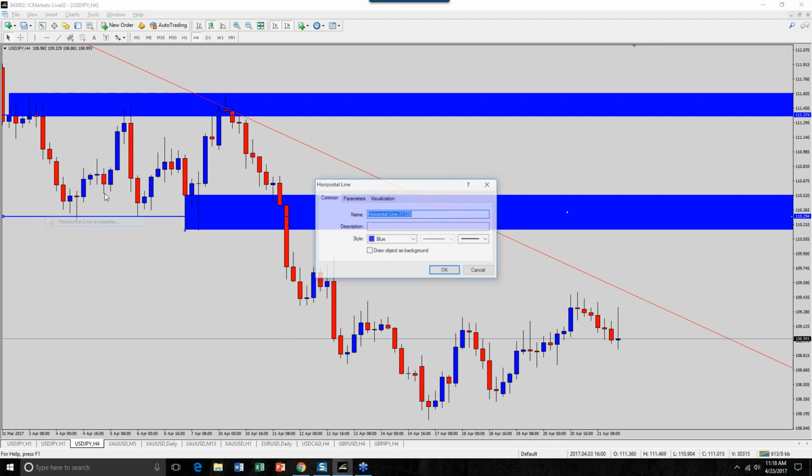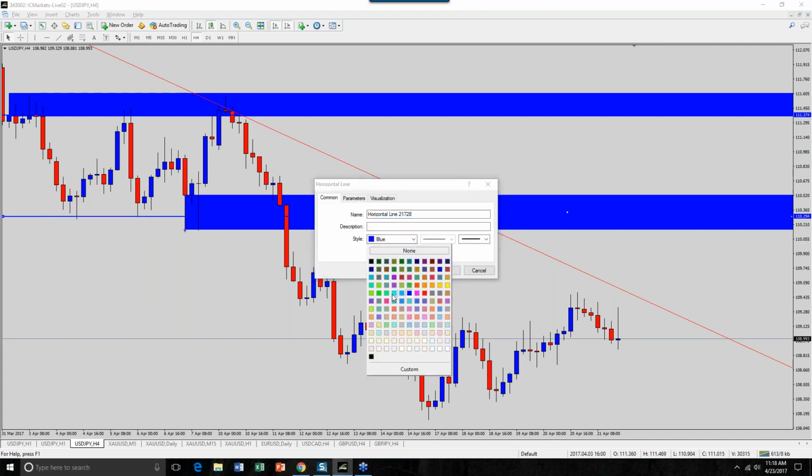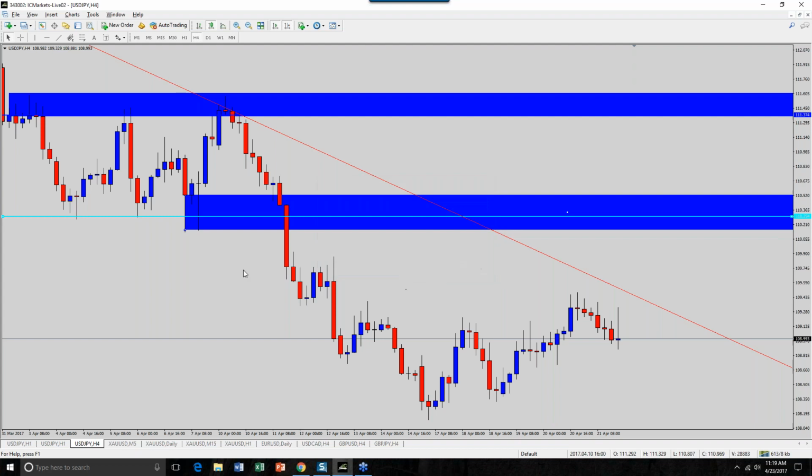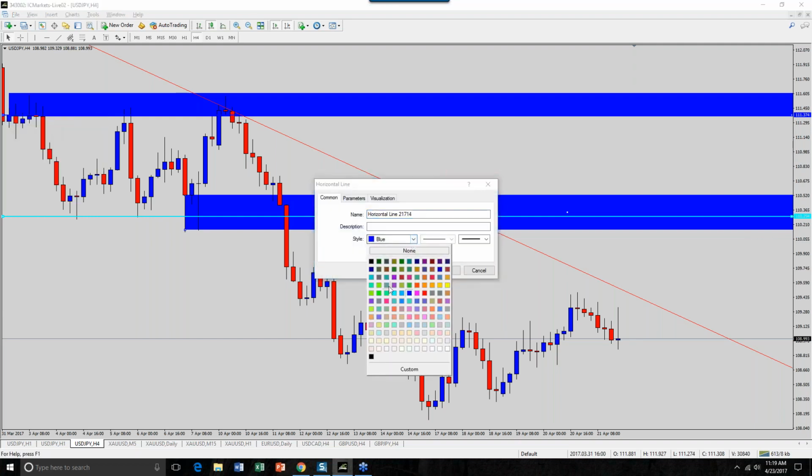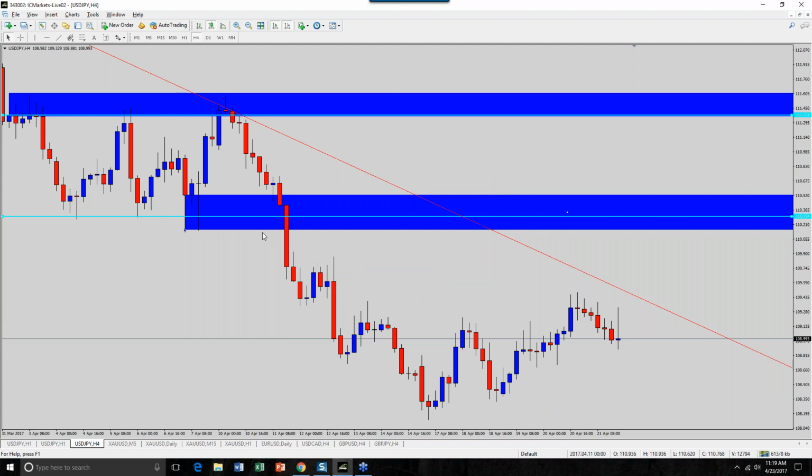Now let me change the line first here, see if that helps. If you see these lines as an example, we have those two lines, and right away what you can see is those would technically be your support and resistance lines previously for USD JPY in the 4 hour.